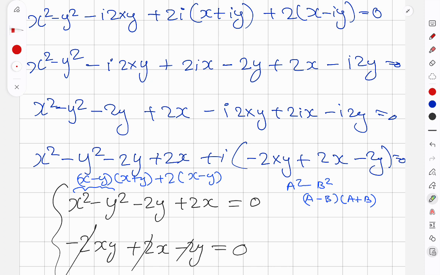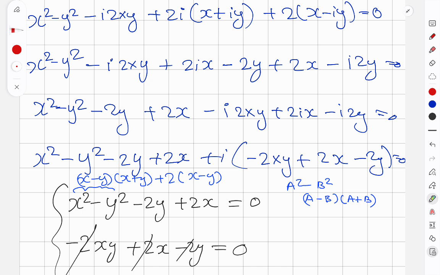That's it. Total we had 1 2 3 4 5 6 7 8. 1 2 3 4 5 6 7. Now there is some term missing. No, it's 7 actually. I made a calculation error.